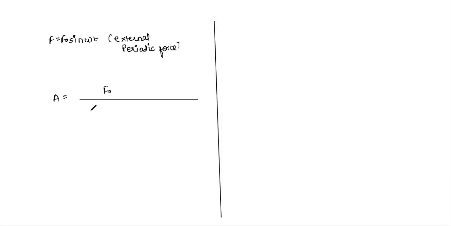So A is equal to F naught upon M times under root of (omega square minus omega naught square) whole square plus (b omega by m) whole square, where what is b? B is that constant which we had just talked about.